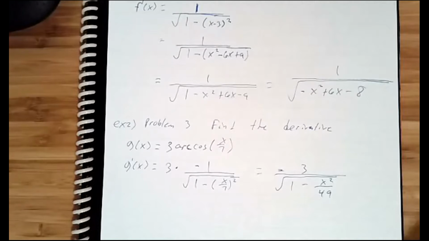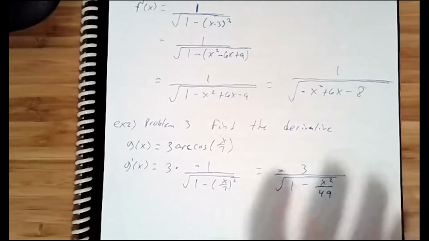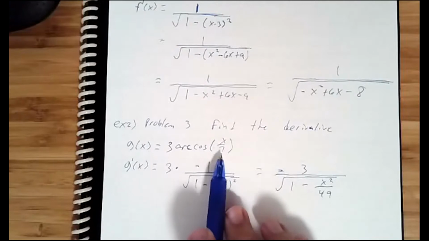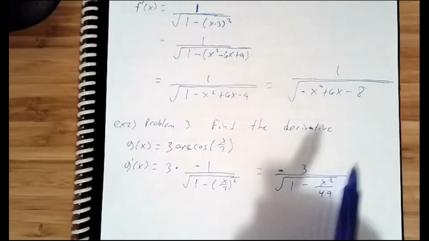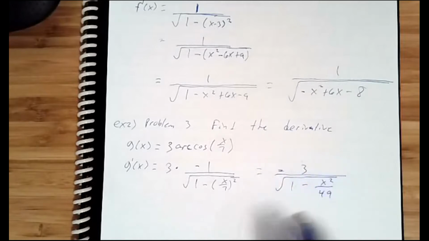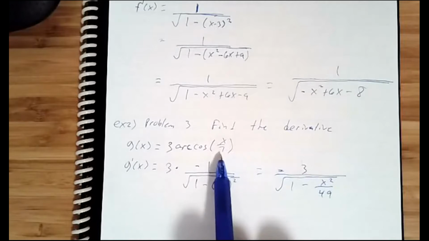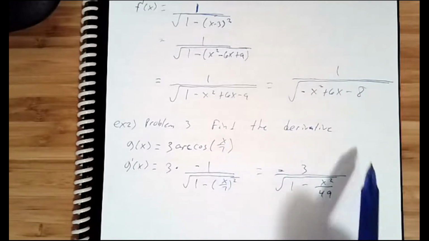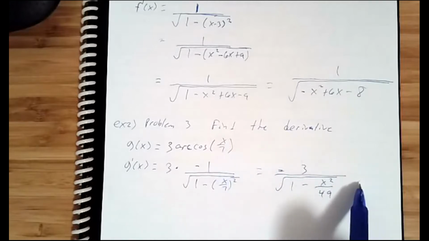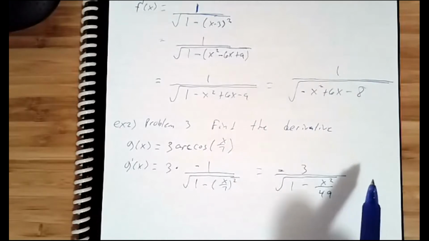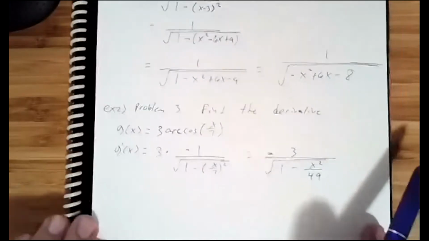I feel like there should be a chain rule here because this had a 7 on it. So it should be this times the derivative of the inside, which would be 1/7. Yeah, that's where I messed up.